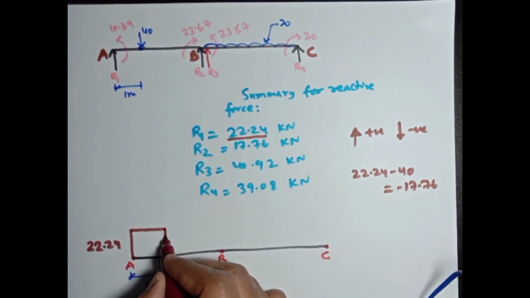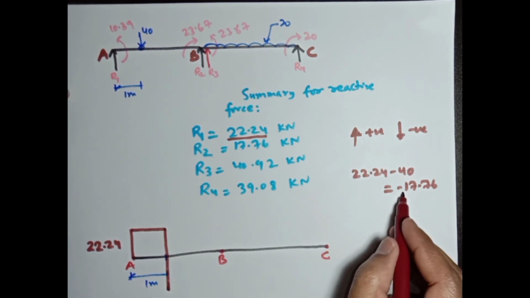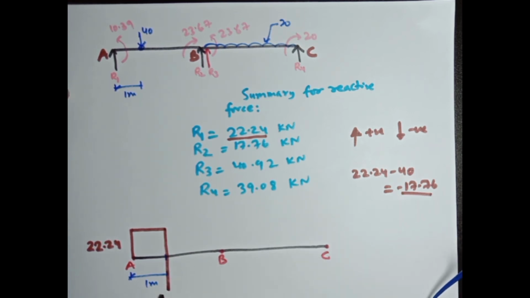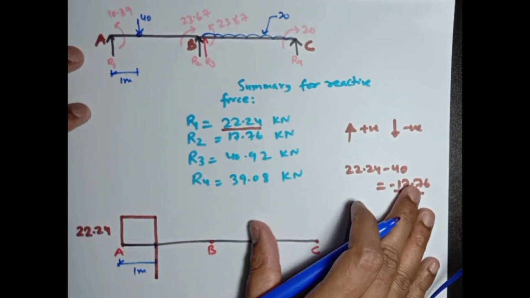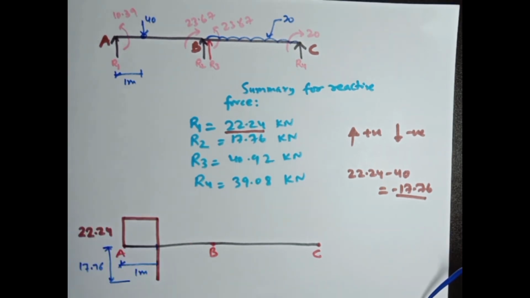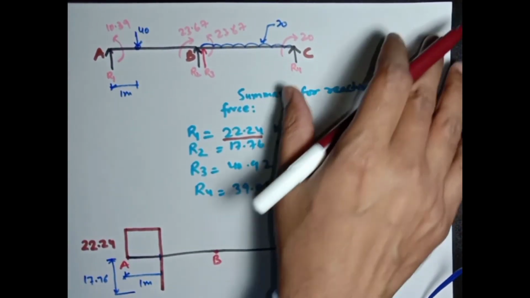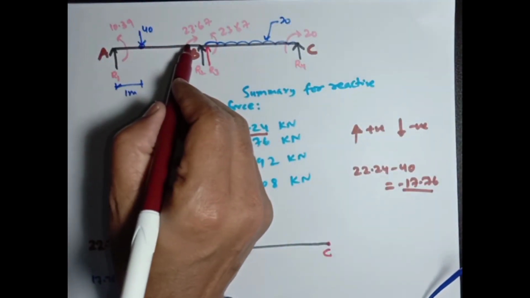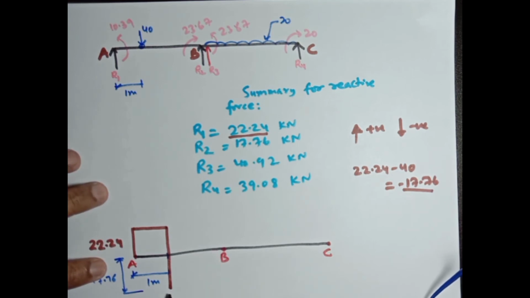So it will give a shear force of 17.76 kilonewton, and as after this point load there is no load acting on this beam, it will run constantly to the point B.